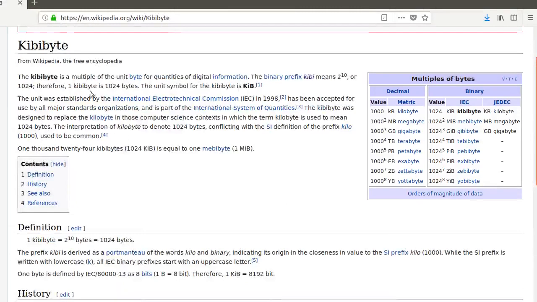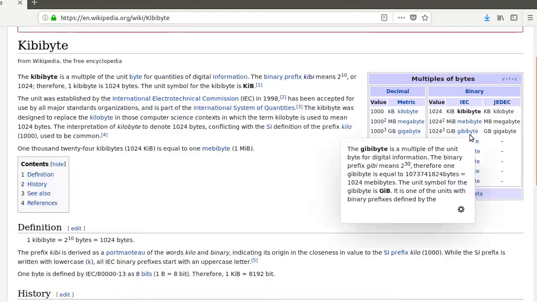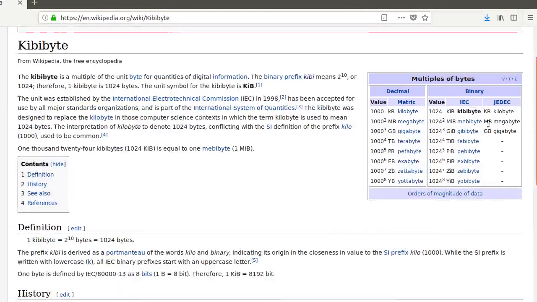Here it is. It's a multiple of the unit byte. This article lists out all the differences. There's kilobytes versus kibibytes, megabytes versus mebibytes. You've probably never heard it, and most people don't use it, but when they say gigabyte, what they really mean is gibibytes. Even I don't use that. I just say gigabyte, and I actually mean 1024 to the power 3.